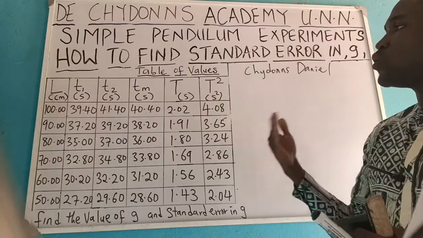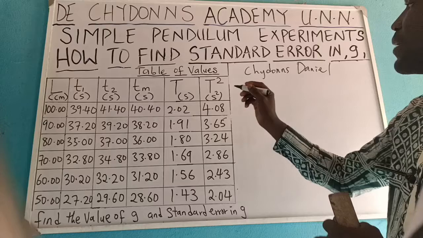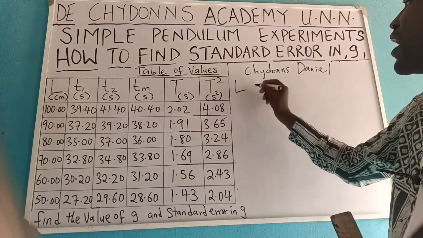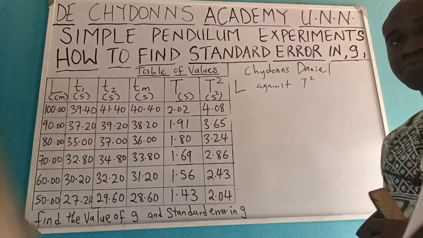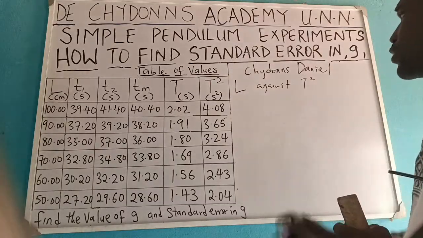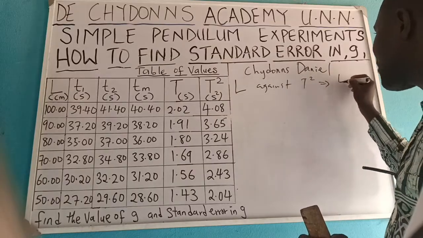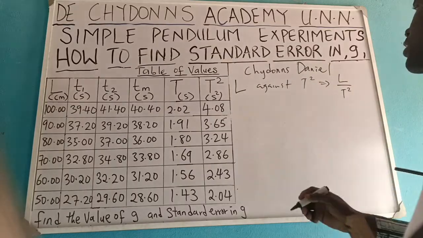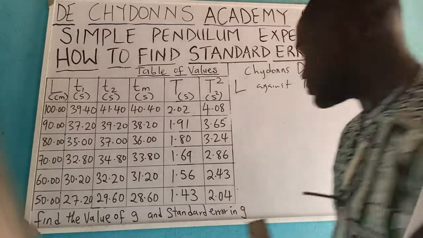Now, you want to know the nature of your slope, and the instruction is plot the graph of L against what? Against t square. If I plot the graph of L against t square, I will have L over t square. That means my slope will be changing L against changing t square.